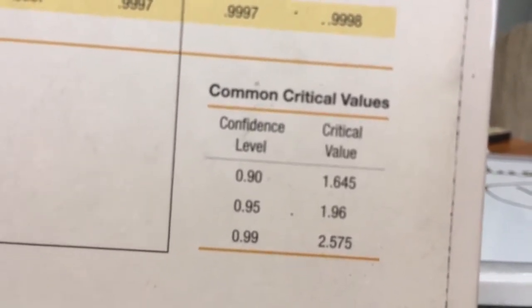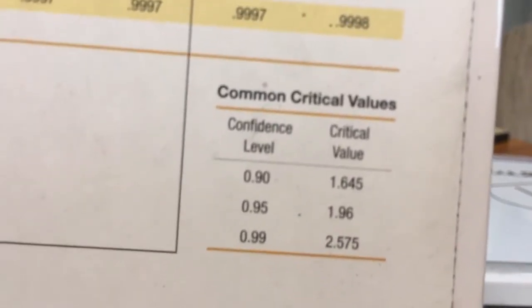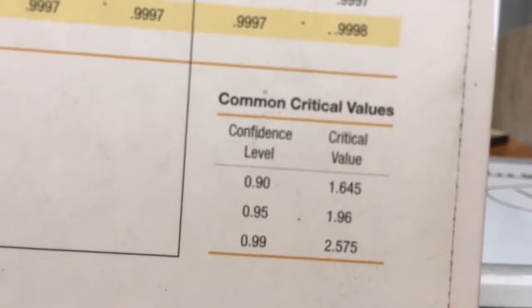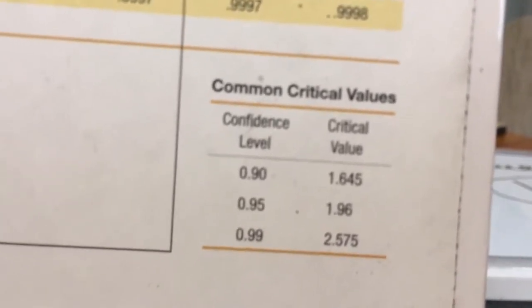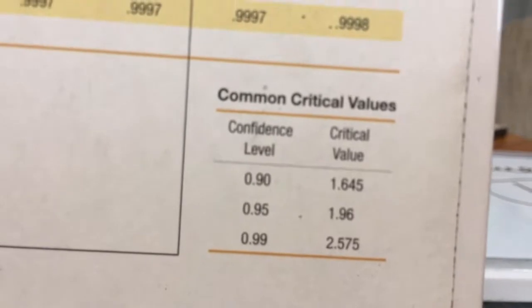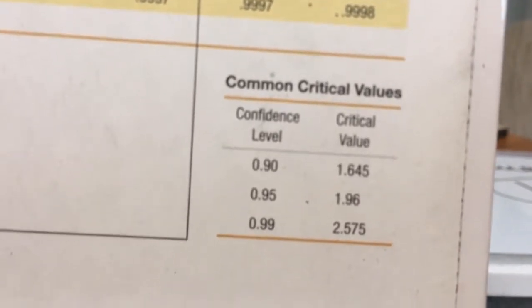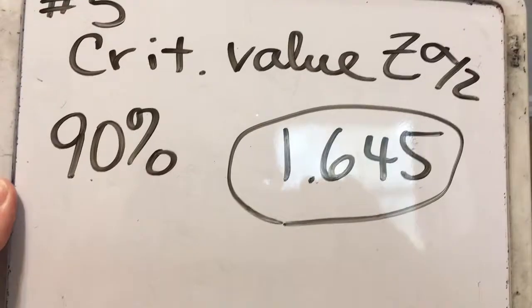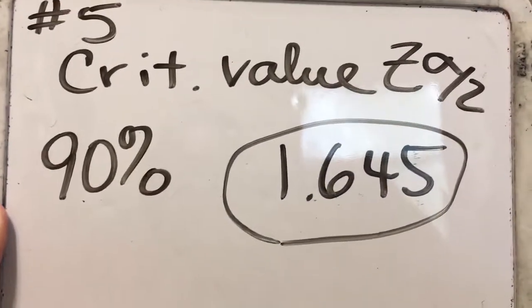These common critical values, when they're talking about the confidence level, are for a two-tailed situation, so your critical values would be negative 1.645 and positive 1.645. So the answer is 1.645, and there you have number 5.